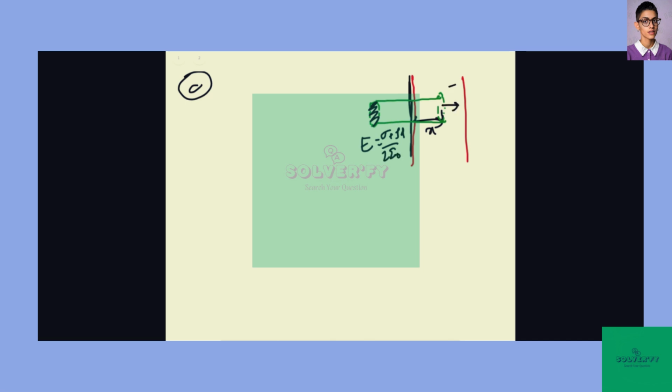Let's say the electric field here is E dash. Now we use the same method. The flux will be equal to the flux through this surface plus the flux through this surface. The flux through the left surface will simply be sigma plus rho d by 2 epsilon naught times A, and the flux through the second surface will be E dash A. This is equal to charge enclosed divided by epsilon naught.